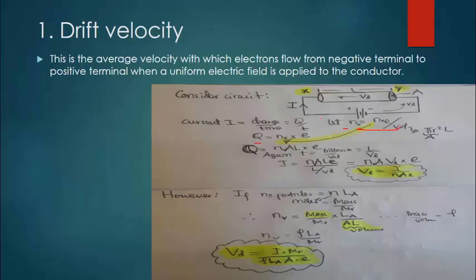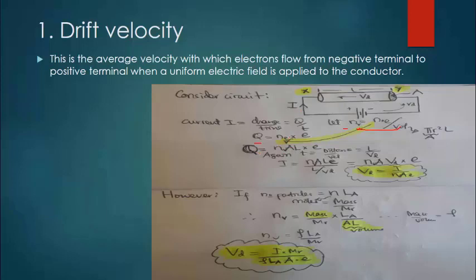One electron has a certain charge e, but now we have a total number of electrons Ne passing through this conductor. So the total amount of charge is the number of electrons times the charge e for one electron, which is passing over this length of a conductor.